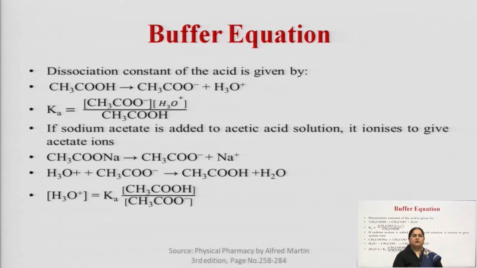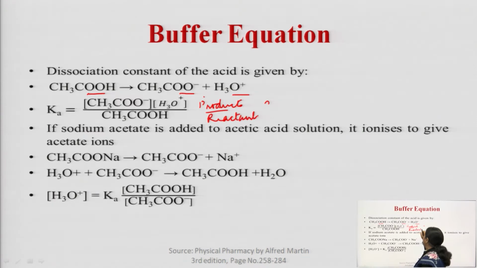So, the dissociation constant of the acid is given by this equation. This is acetic acid, and when it dissociates it will convert into acetate ion and hydronium ion. So, it is a weak acid. According to the law of mass action, Ka can be written as acetate ion into hydronium ion, that is, products upon reactants.